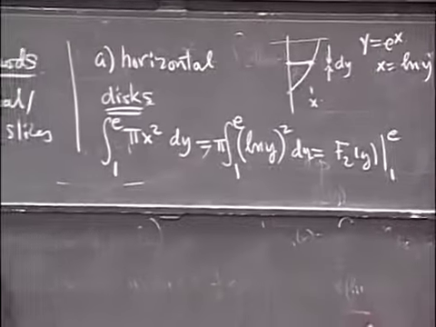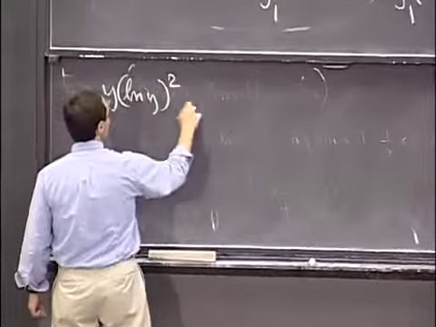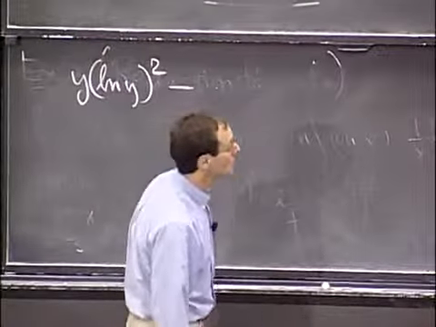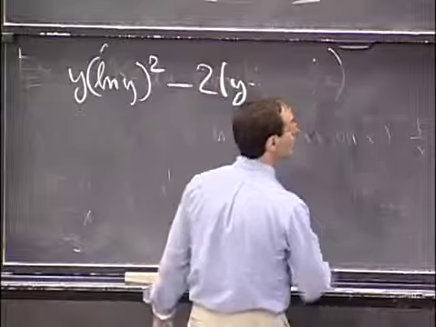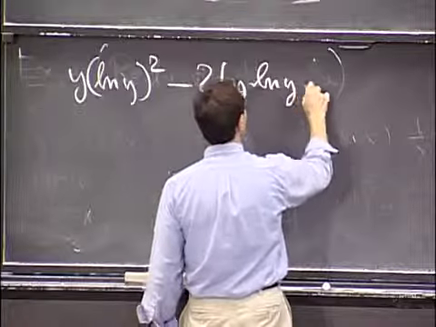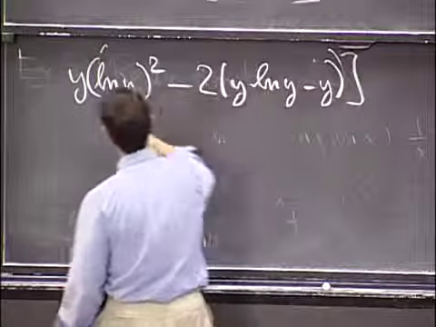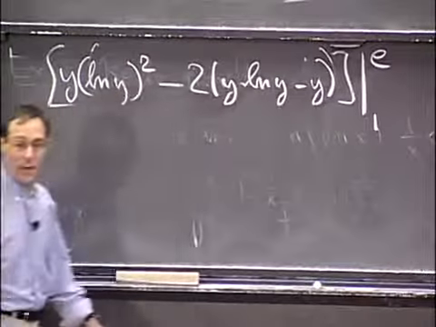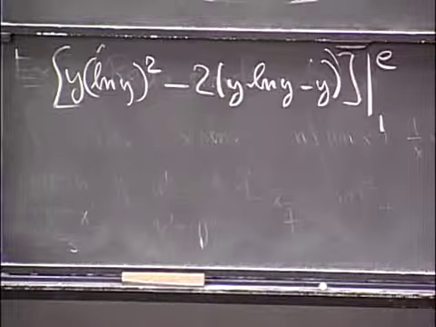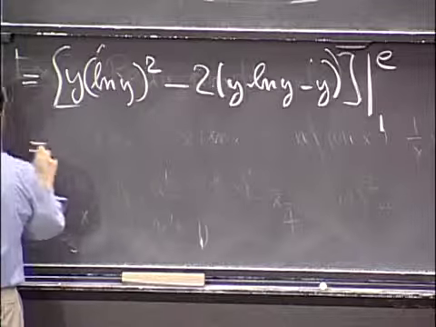It's y log y squared minus 2y log y minus y. The whole thing evaluated at 1 and e. All right.